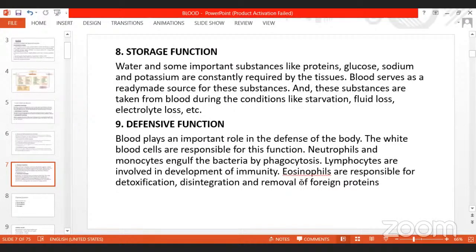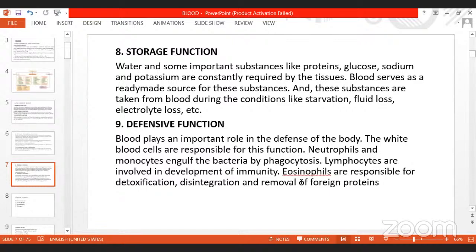in the hypothalamus. And the storage function: water and some important substances like protein, glucose, sodium, and potassium, which are constantly required by the tissue. And these substances are readily available if the blood is present.